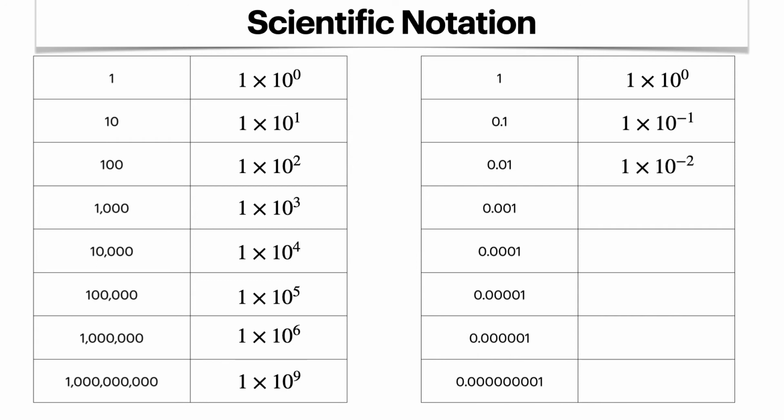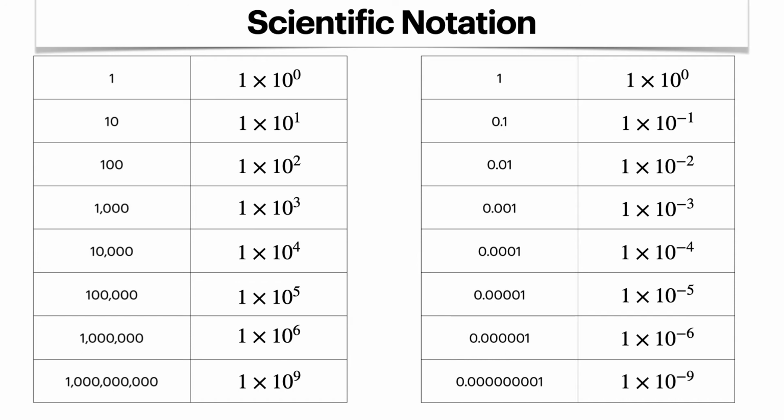Again, with 1/100th, that is negative 2. There's 2 zeros there. Notice that we always count the zero to the left. So 1/1000th is negative 3. 1/10,000th is negative 4. 1/100,000th is negative 5. 1/1,000,000th is negative 6.